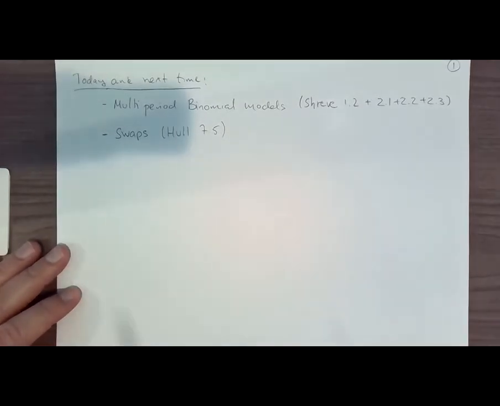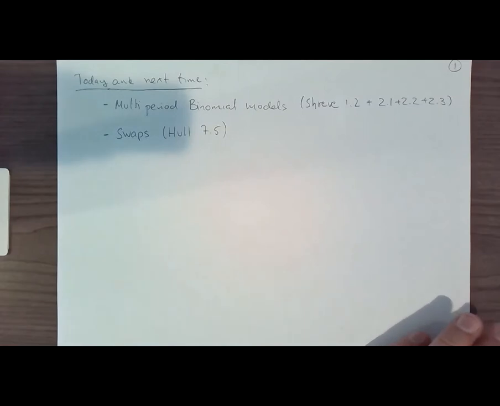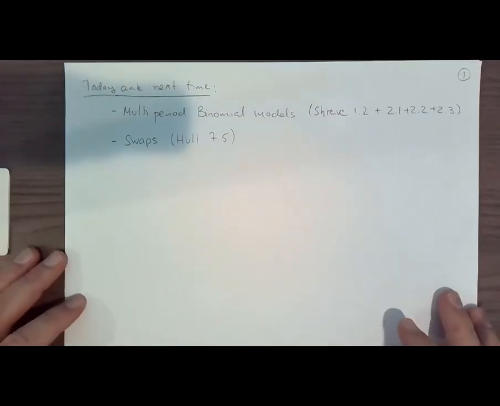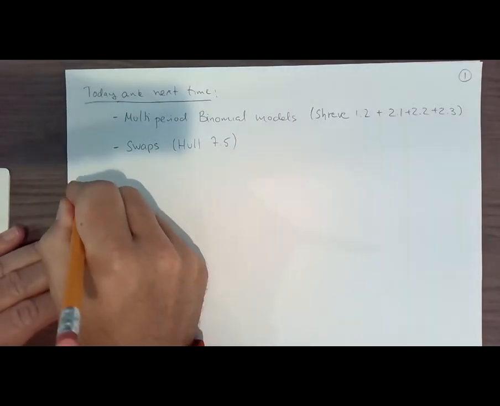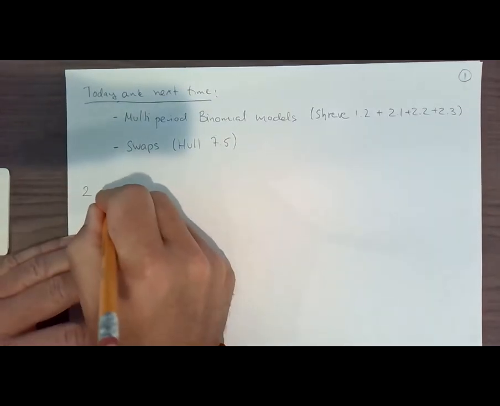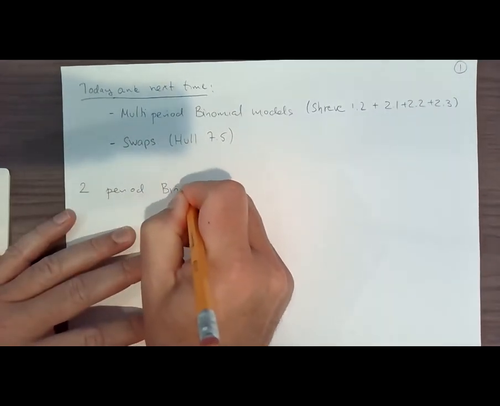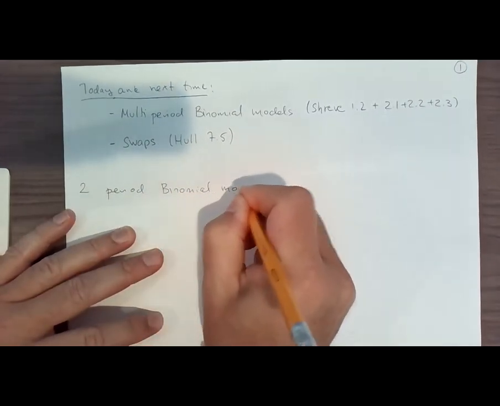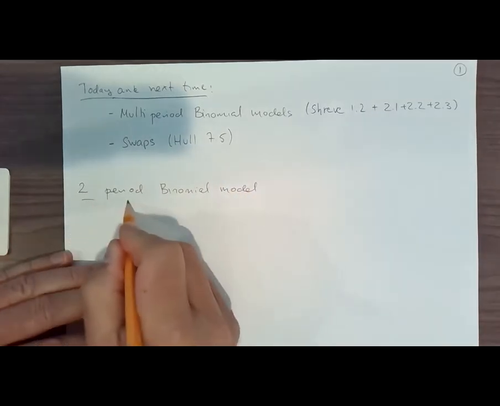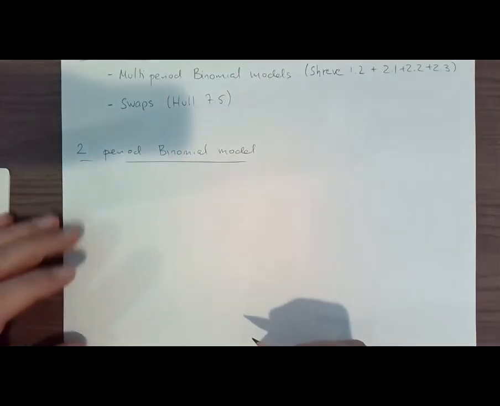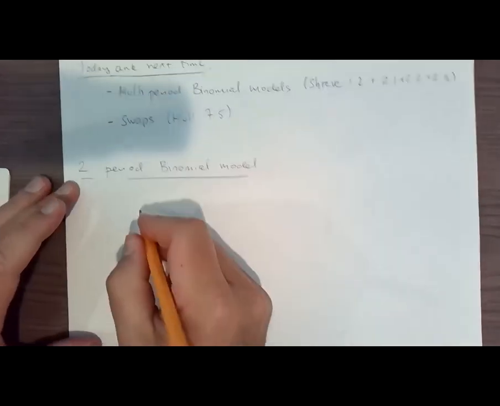Okay, so we'll ease into the multi-period binomial model. The way we're going to do that is I'm going to start with an example, the two-period binomial model. So we now have 2 coin flips.